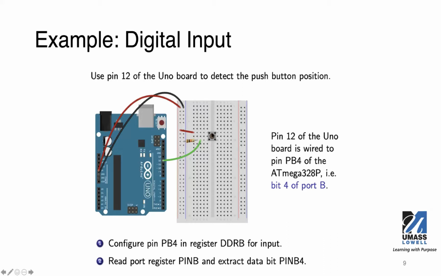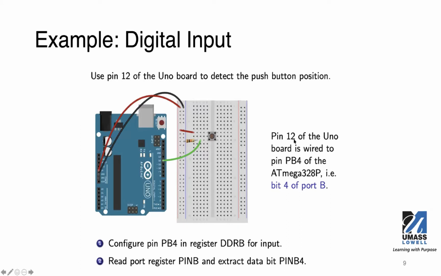We have the push button. One side is connected to the 5-volt VDD, and the other end is connected to pin 12 on the connector. And also we have a current limiting resistor so that we don't short the circuit when we press the button.